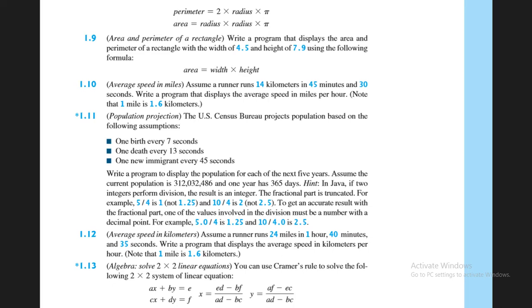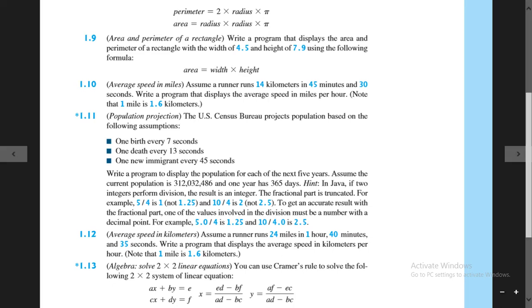We have to write a program to display the population for each of the next 5 years. Assume the current population is 312,032,486, and 1 year has 365 days.